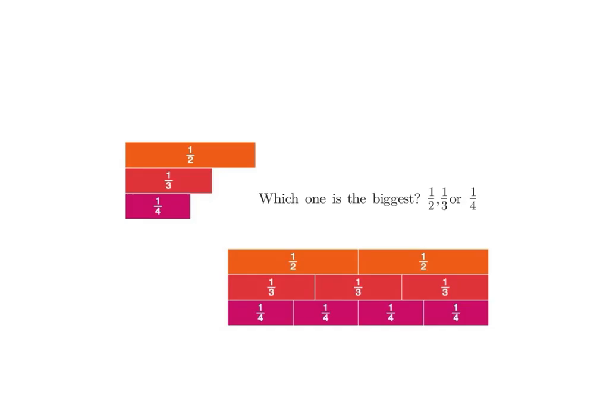And for 1/4, we have 4 equal parts size 1/4 to give us the whole. If we line up all of our pieces, we have 1/4, 1/3, and 1/2. As we can clearly see, 1/2 is the biggest.